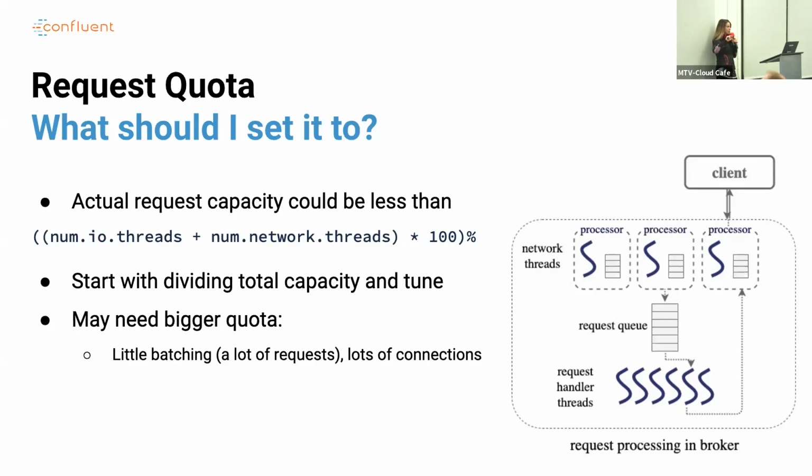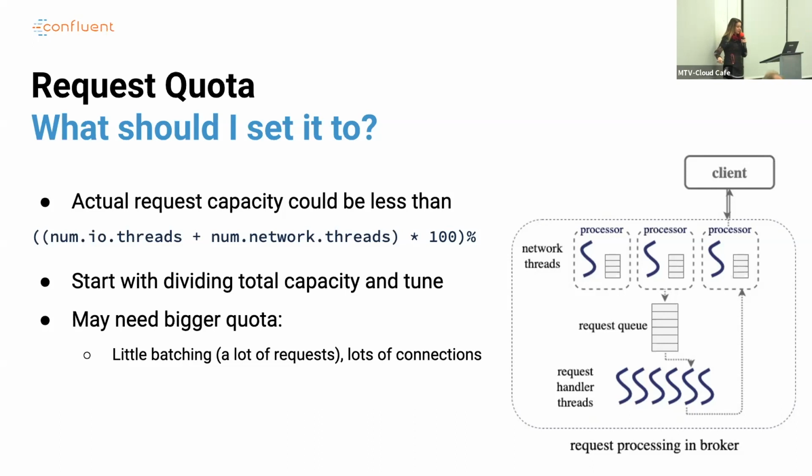I think there are two points I want to make. One is that when you think of request quota, don't think that, oh, maybe my application uses lots of bandwidth, so maybe I need lots of CPU. It's actually pretty unrelated. You need more request quota, or CPU quota, if your application is not very efficient in using that bandwidth.